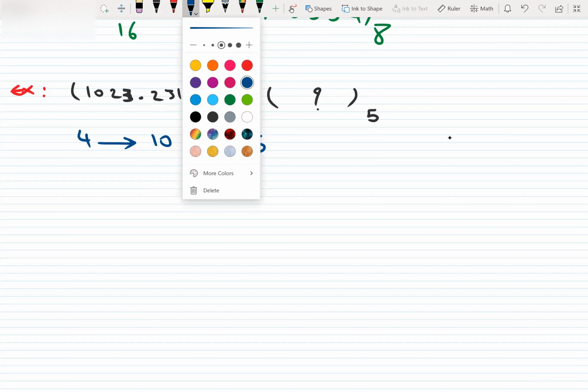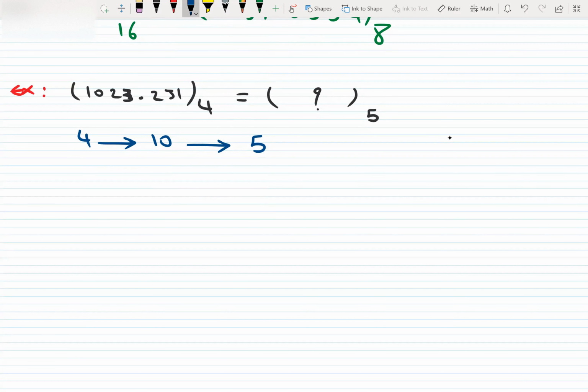Let's do that. So we can say 1 times 4 to the power of 3 plus 0 times 4 to the power of 2 plus 2 times 4 to the power of 1 plus 3 times 4 to the power of 0 plus, on the right side of the radix, we have negative powers of 4.